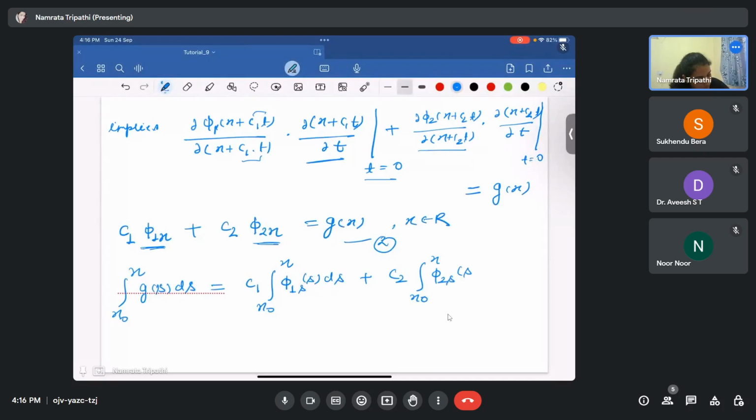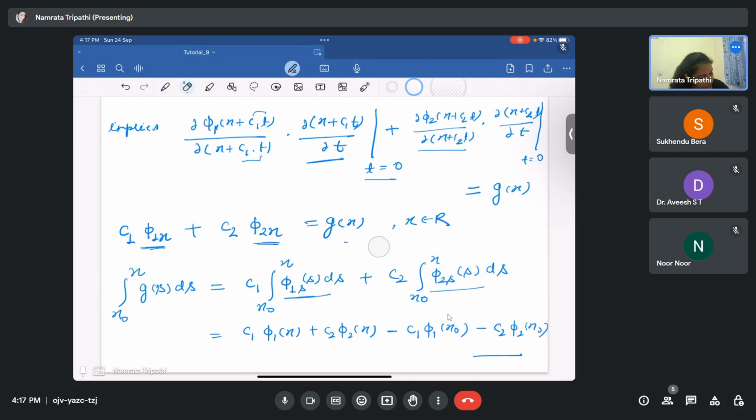After integrating, you will get phi 1 of x at the upper limit minus phi 1 of x naught. Similarly here, phi 2 of x minus phi 2 of x naught. Let's say this is equation 3.